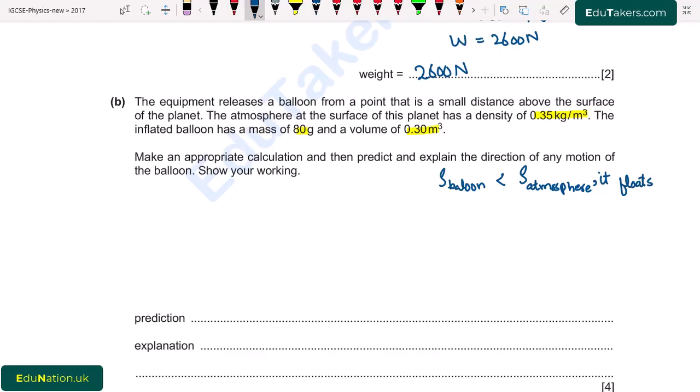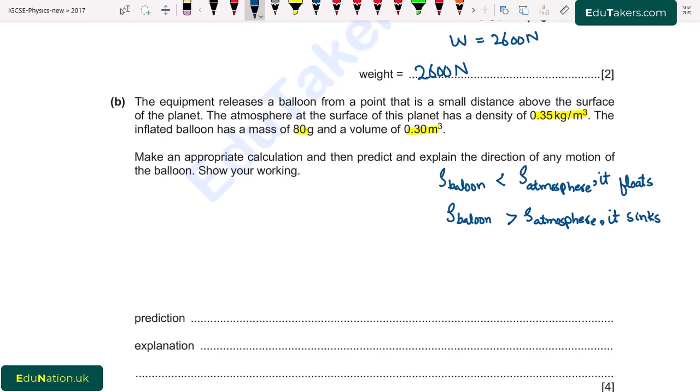And the second condition is that if the density of balloon is larger as compared to the density of atmosphere, then the balloon will sink. I write here, density of balloon is greater than atmospheric density, then it will sink. So we have used this concept here.